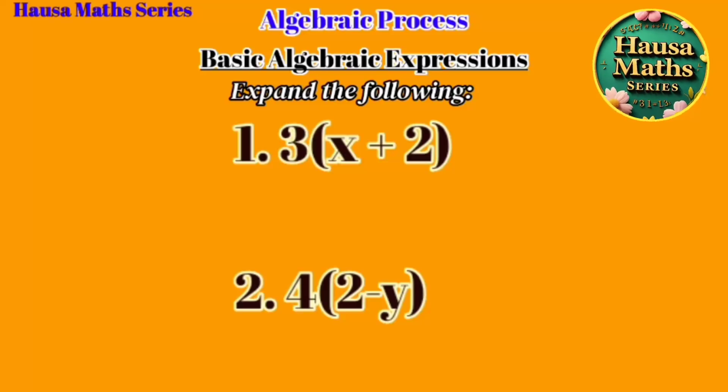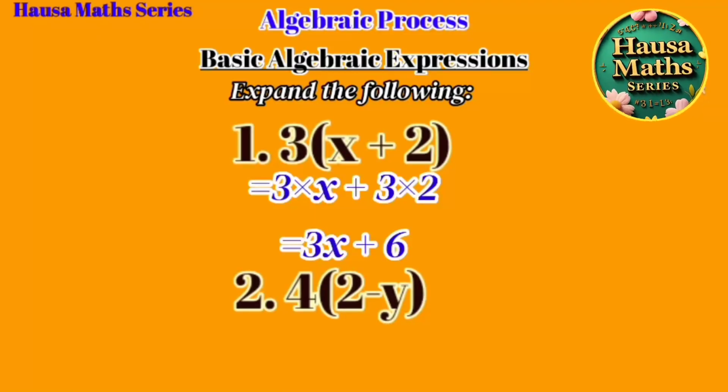If you want to expand this one, you will notice that this 3 is going to multiply everything in the bracket. So we multiply 3 by x, then plus 3 times 2, which is 6. So we have 3 times x plus 3 times 2, meaning we multiply 3 by everything in the bracket: 3x plus 6.